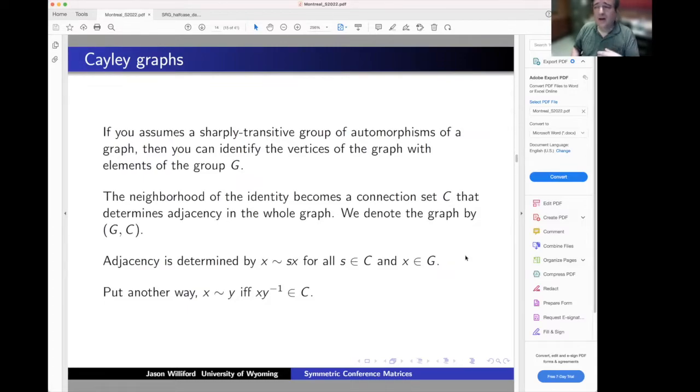This leads to, I'm now searching for some kind of subset of a group. In this case, you can search for some connection set, C, that's inverse closed. And if you want a graph which has a sharply transitive group acting on its vertices, you can describe it now just by a subset of the group. Those are the neighbors of the identity, and the group is just pushing that around. So your whole graph is now just stored in that connection set, and all you have to do is look for the connection set.